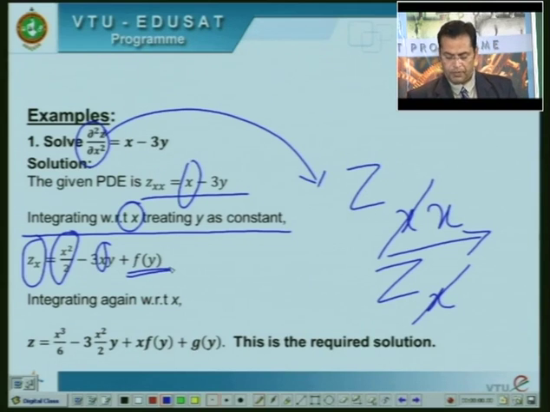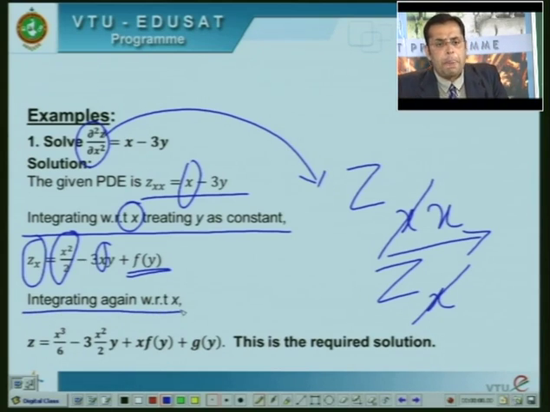Next, from zx, you have to find z, which will be the required solution. How to get z from zx? So, integrate again with respect to x. Remember friends that when you do this integration, y will be a constant again.